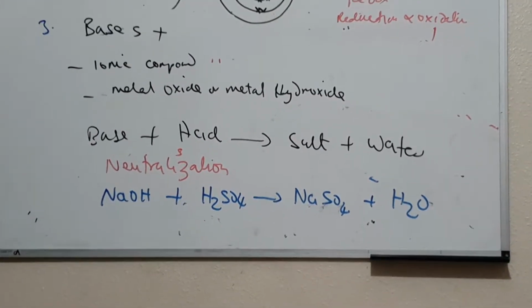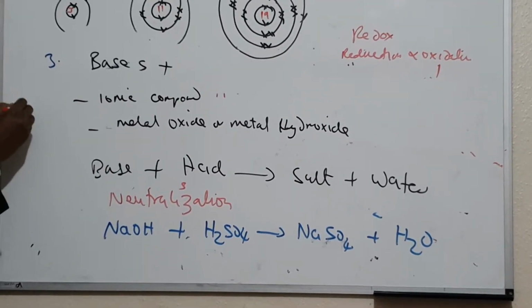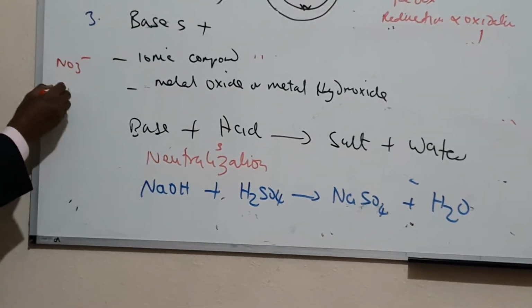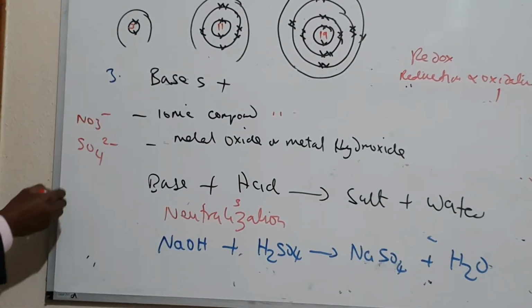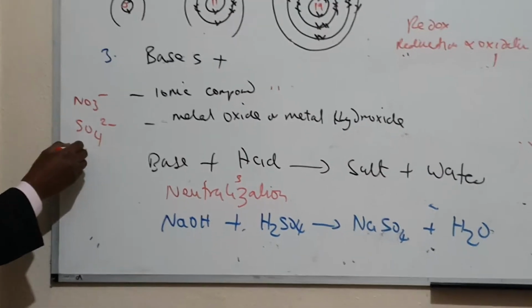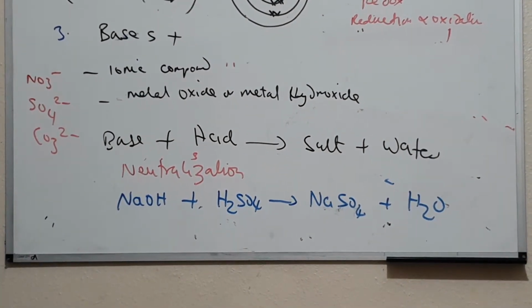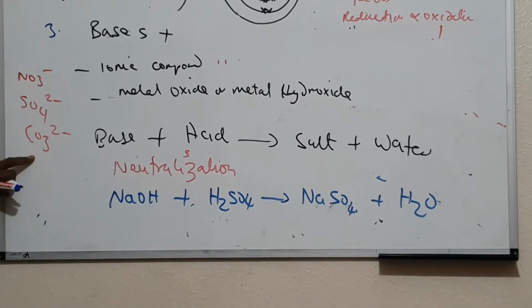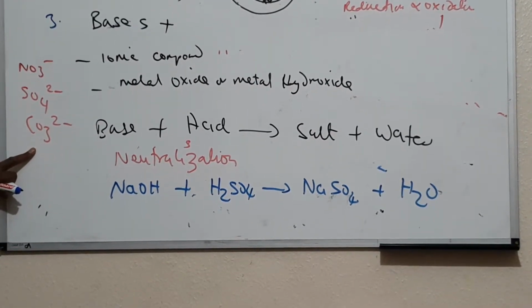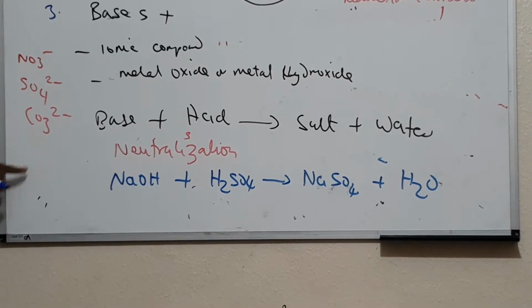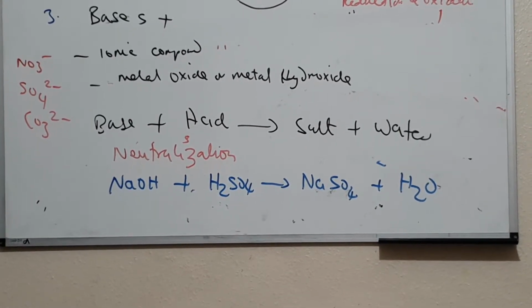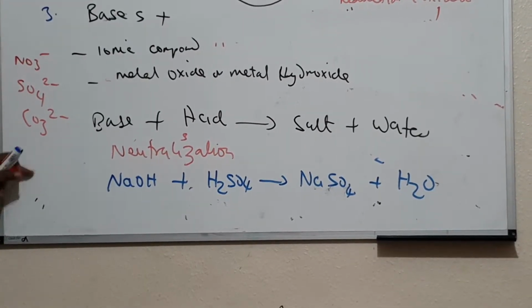You should know that nitrate is NO3 minus, sulfate is SO4 2 minus, and carbonate is 2 minus. These are the compound ions.